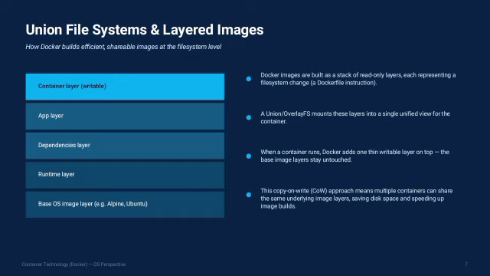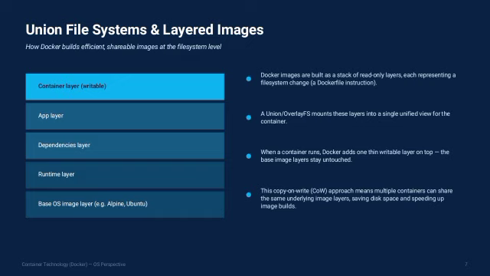Each layer corresponds to one instruction in a Dockerfile, like installing a runtime or copying application code. A union file system, usually OverlayFS on Linux, merges all these layers into a single unified view for the container.